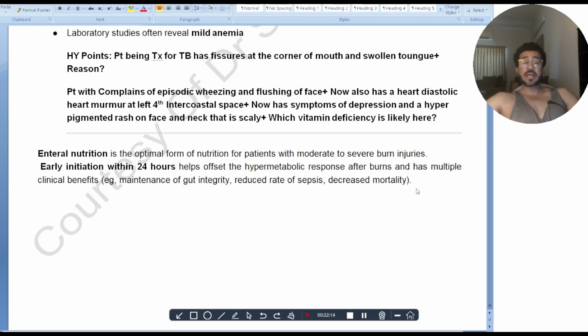So basically it's a research oriented decision that enteral nutrition, if started earlier, results in decreased mortality in patients with severe burn. Basically, it just helps offset the hypermetabolic response after burns and has multiple clinical benefits that have been deciphered through research.